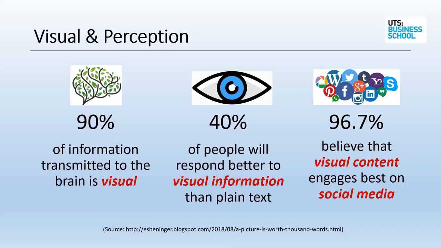96.7% of consumers believe that visual content engages best on social media: TikTok, Instagram, Pinterest, Facebook, YouTube. YouTube is becoming one of the largest video content sharing websites, and short form videos are becoming extremely popular.